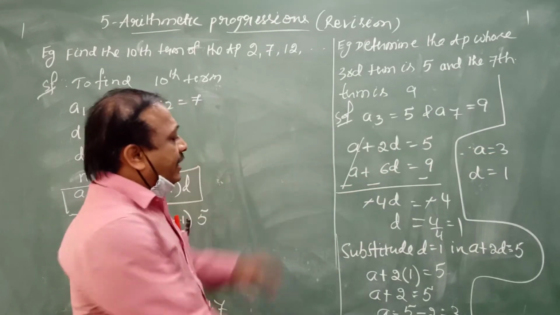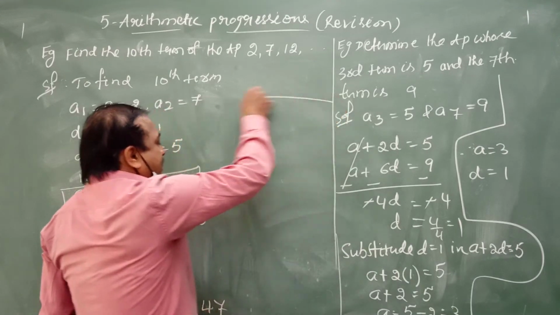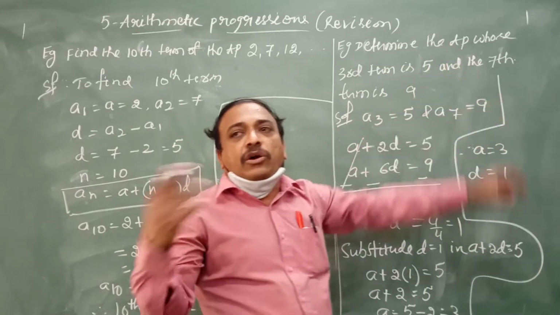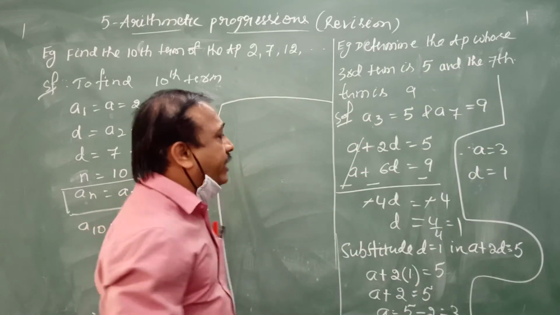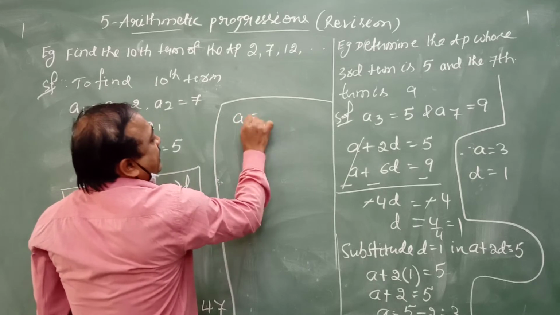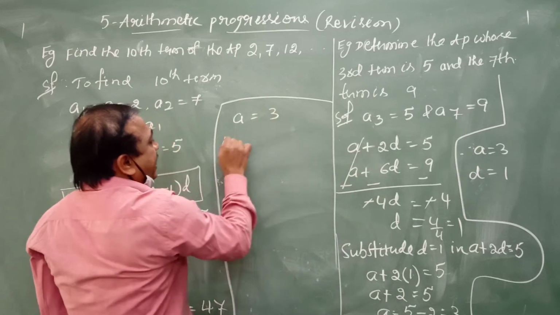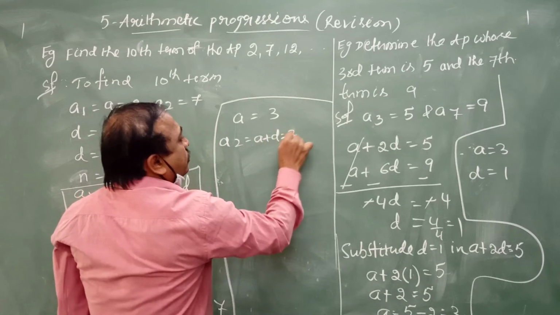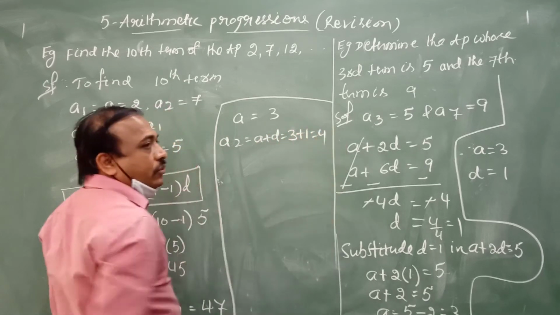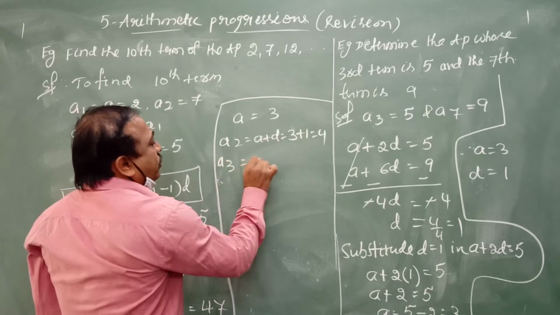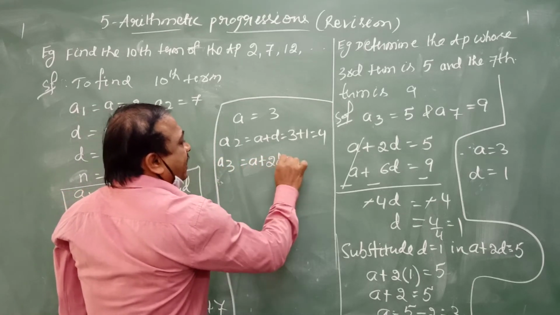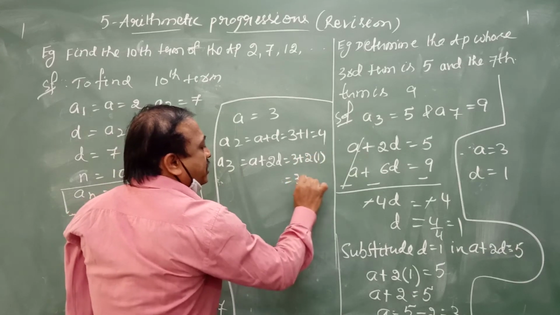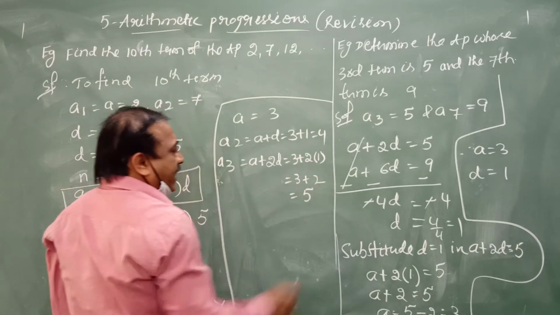Now, the continuation of this one, look at this. He is asking us to determine the AP, which means you have to find out more terms. So a is equals to 3. A2 is equals to a plus d, which is 3 plus 1 is equals to 4. A3 is equals to a plus 2d, so 3 plus 2 into 1, which is 3 plus 2 is equals to 5.